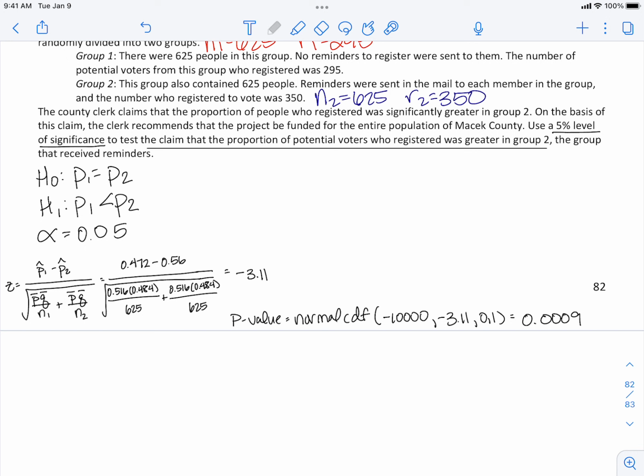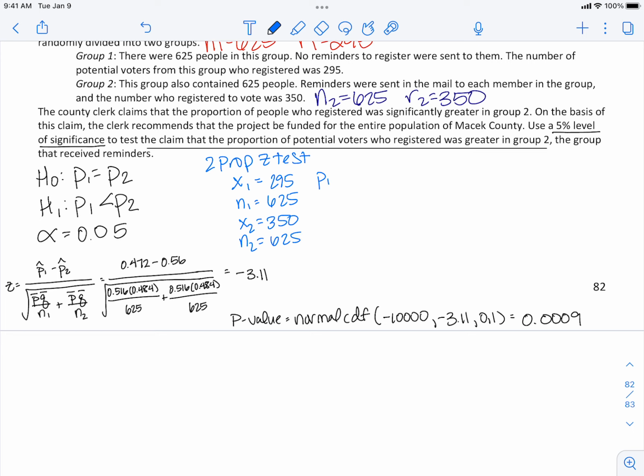All right, if you were doing this in the calculator, we would choose the 2 proportion z test. So when we enter this, we would be entering our x1, which is 295, our n1, which is 625, our x2, which is 350, and our n2, which is 625.